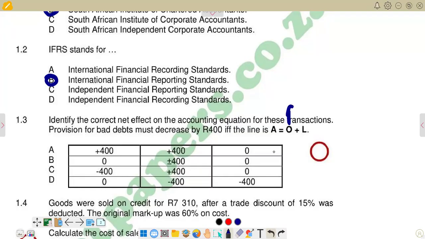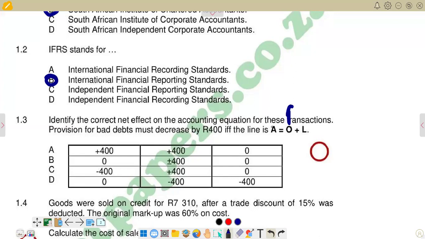And then the other effect is on assets. Remember, when we are making a provision for bad debts, we are making it for the debtors. So we are now going to subtract a smaller figure of provision for bad debts. Remember, the total provision for bad debts for the current year is subtracted from the figure for debtors control to get the net balance that is put under current assets.